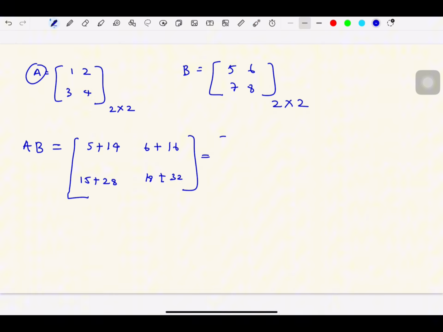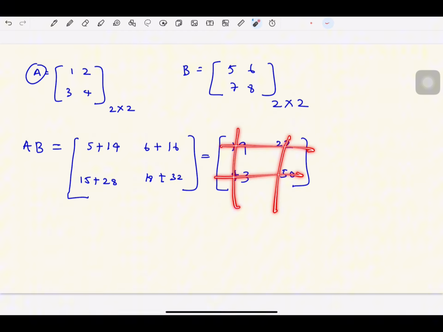Now let's do the simplification. 5 plus 14 is 19, 6 plus 16 is 22, 15 plus 28 is 43, and 18 plus 32 is 50. The resulting matrix also has 2 rows and 2 columns. This is how you get the product of two matrices.